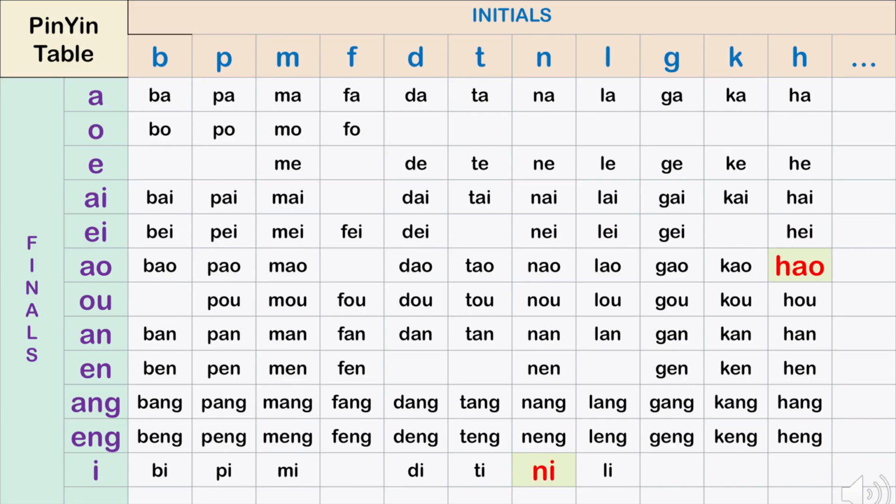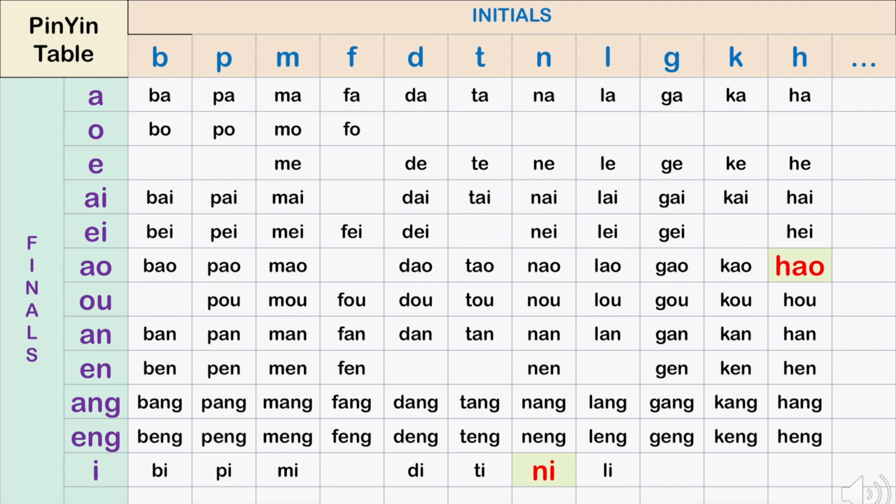With initials and finals, we now get the Pinyin table. On the top line are the initials. The very left column are the finals. We can only show a small part of the table due to the room limit. In this table, we can find all Chinese Pinyin.